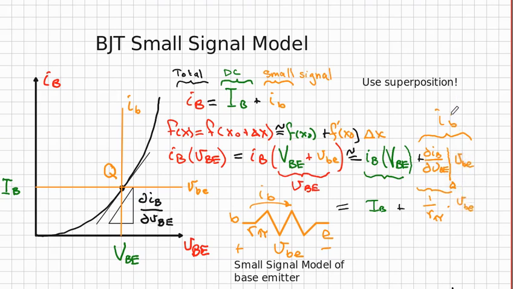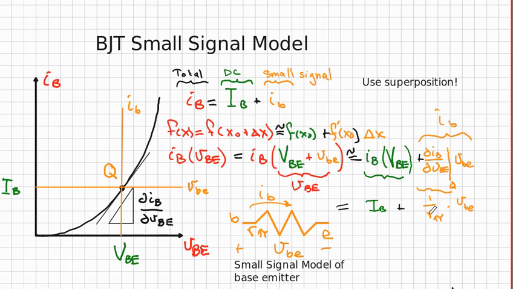So in this case, you can say little i_b is equal to 1 over r pi, which is a number determined by the Q point and the Shockley diode equation, and multiplied by v_be, which is the little small signal excursion of v_BE. The little v_be axis is right here, and the little i_b axis is right there. Both quantities are 0 when you're at the Q point.